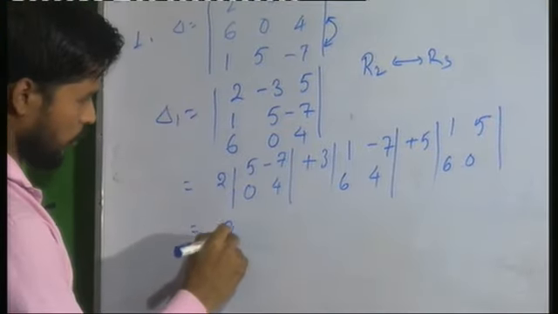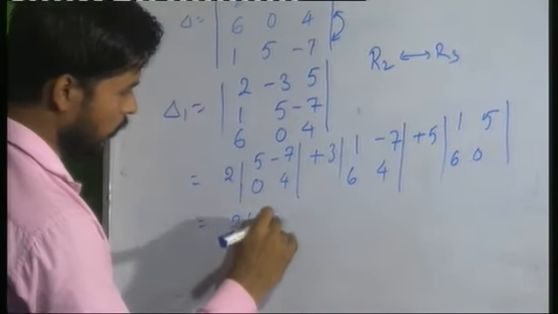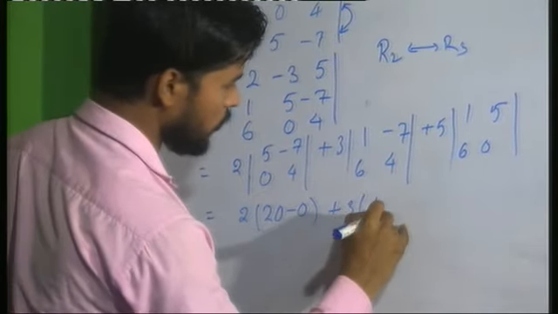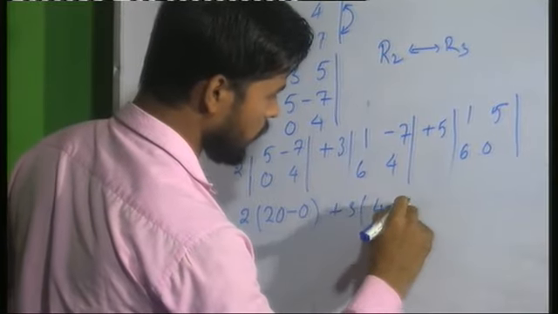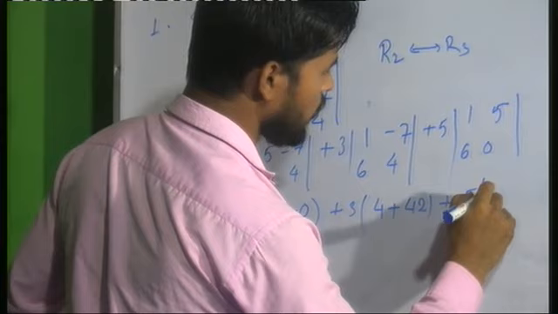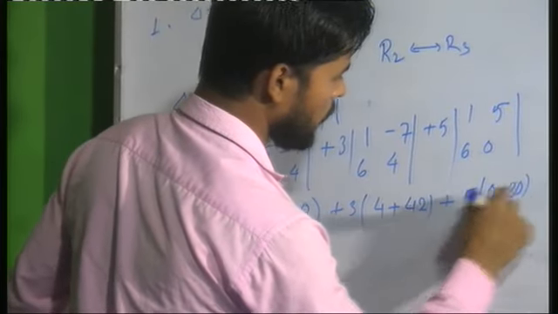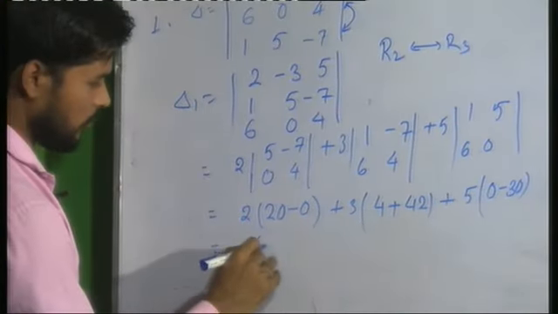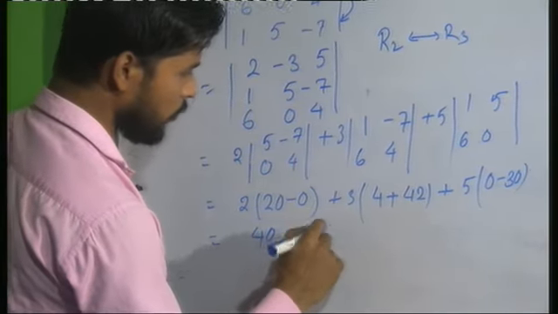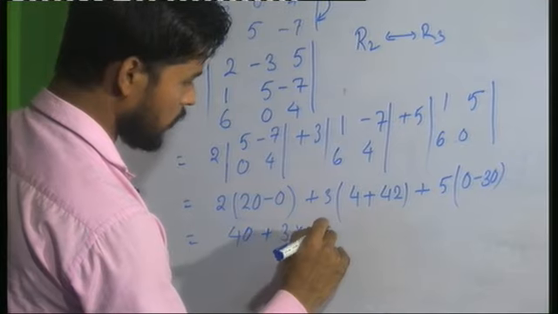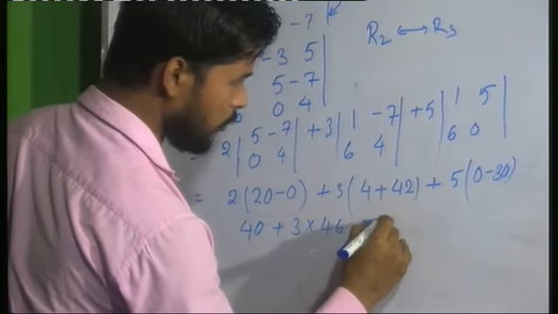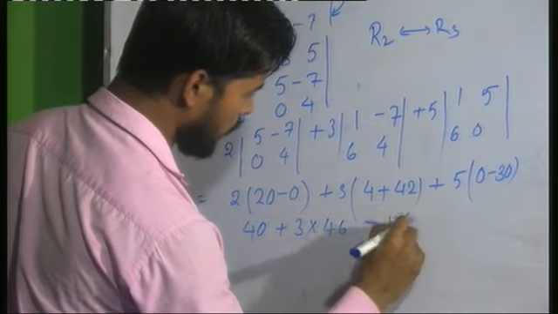So that is equal to 2 into 4 5s are 20 minus 0, plus 3 into 1 4s are 4 plus 4 7s are 42, plus 5 into 0 minus 30, that is equal to 40 plus 3 into 46, plus 5 into minus 30, means 150.